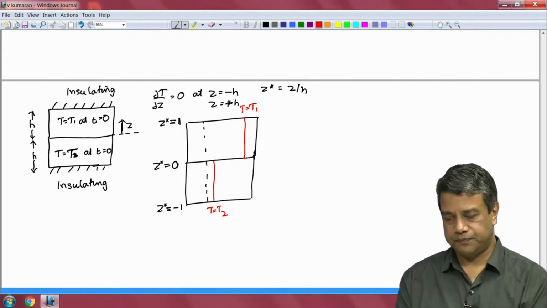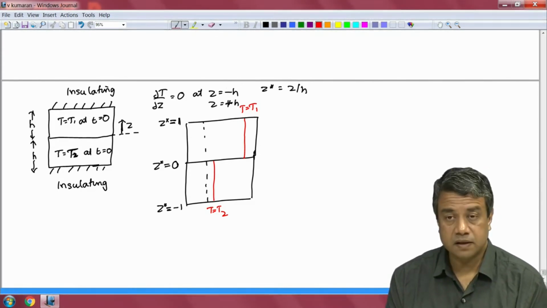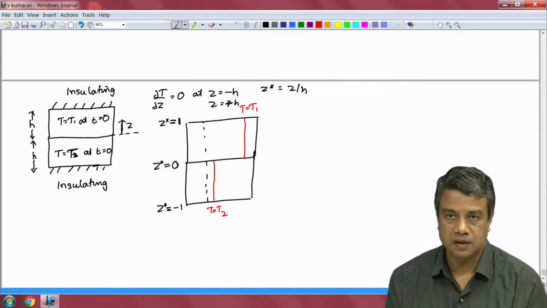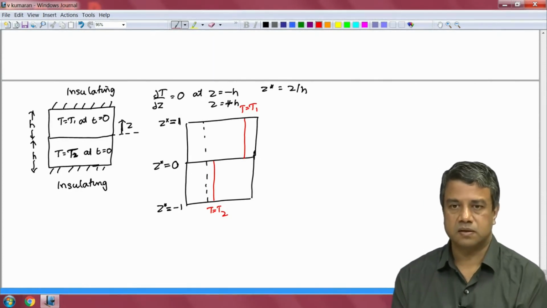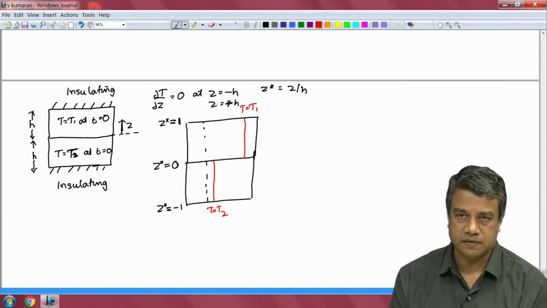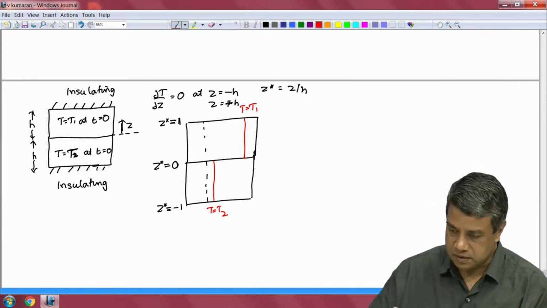They are going to have different temperatures initially. In the final configuration, the steady state temperatures in the two slabs are both going to be equal, because in the final steady state the temperature has to be a constant throughout. As long as the temperature is not a constant, there is going to be a flux.